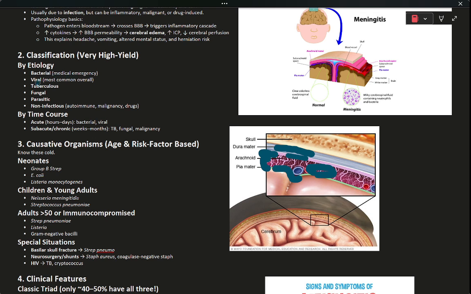You can also have a viral etiology, which tends to be the most common cause of meningitis. You can also have tuberculosis, fungal and parasitic causes. And once again, remember that there are some non-infectious causes of meningitis. They include autoimmune diseases, malignancy or cancer, and some drugs.